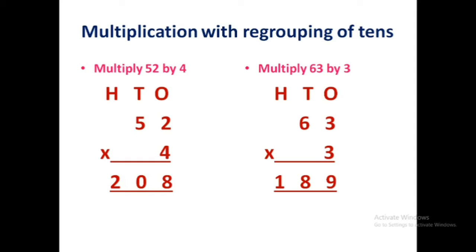And 18 tens is the same as 180 tens. We have to write 1 in the hundreds place and 8 in the tens place. So the final answer will be 189. 63 into 3 is equal to 189.